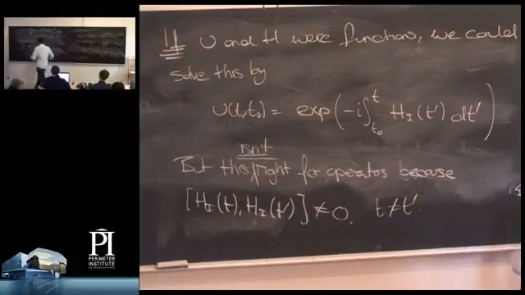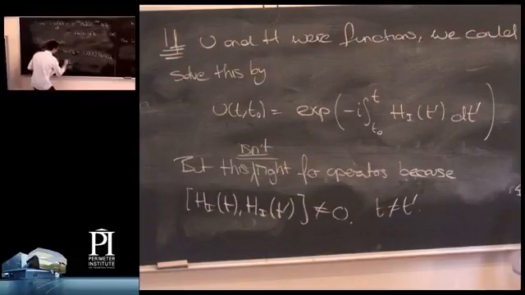Okay, plugging this into here, the equation we have to solve for U is the following equation. So the time derivative is just hitting the first argument of t comma t0. It's really this that we want to solve for.